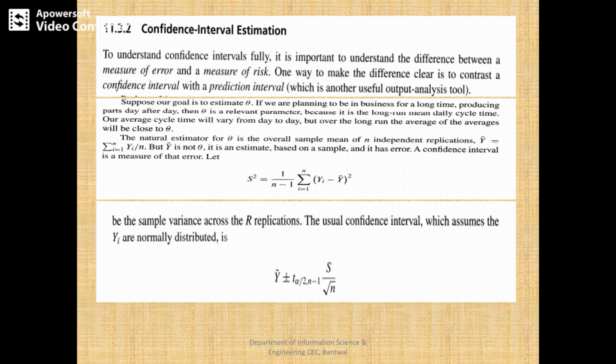Both confidence and prediction intervals are based on the premise that the data being produced by the simulation is represented by a well-defined probability model. Suppose that the model is a normal distribution with mean theta and variance sigma squared, both unknown.